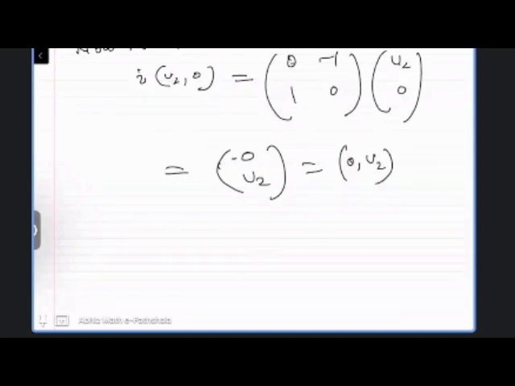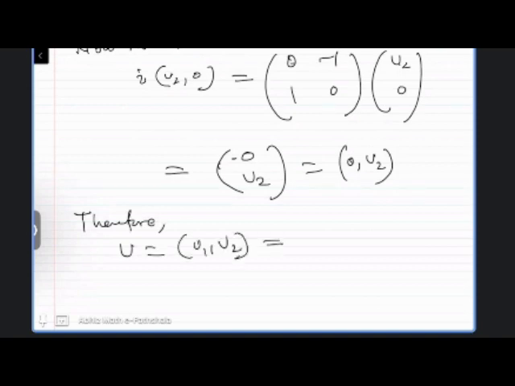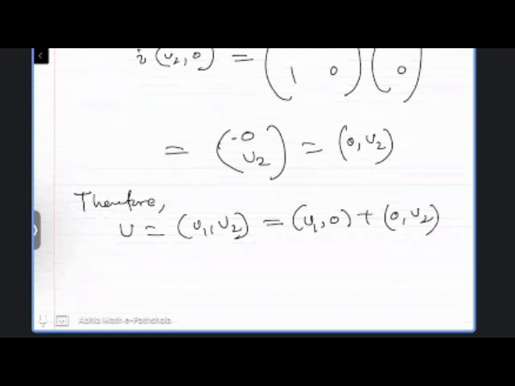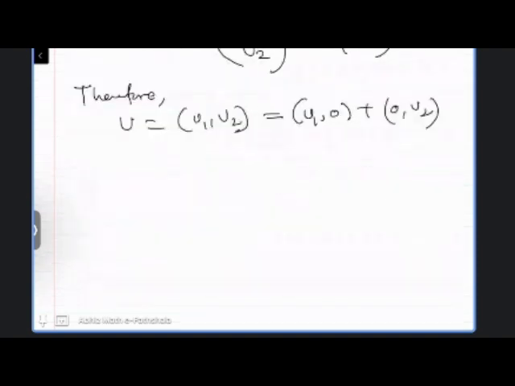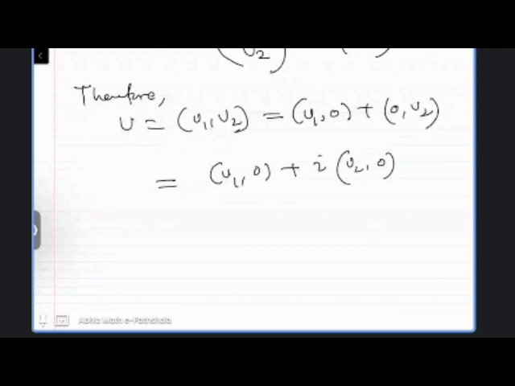So therefore, V, which has been represented in terms of V1, V2 and has been split off, in view of the above multiplication with respect to I, this 0 comma V2 will be written as I times V2 comma 0. Okay, right?